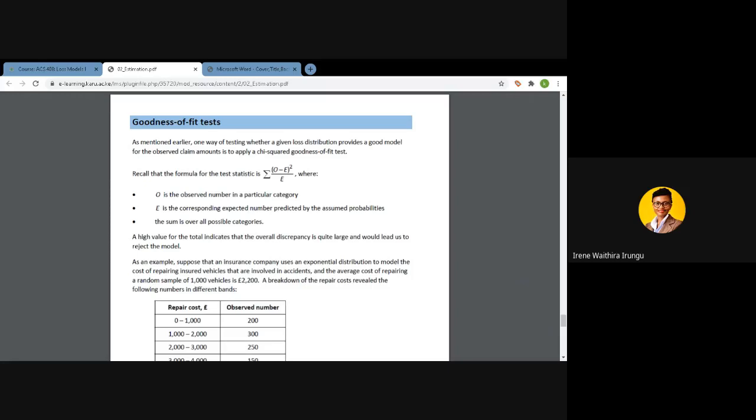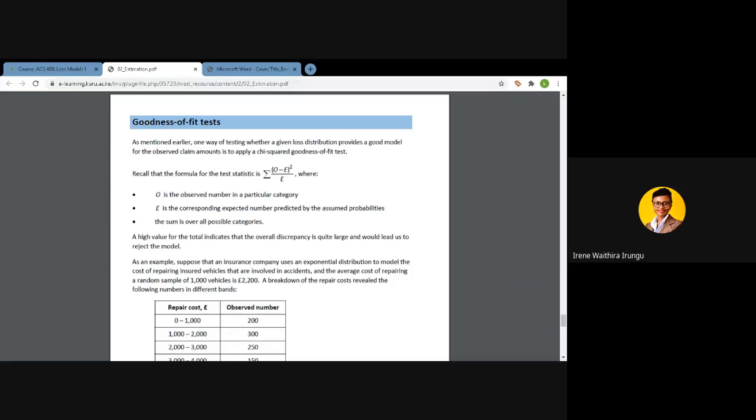So today, for instance, you settle for an exponential distribution to model the average cost of claims for your motor insurance policy. You'll have that to do the estimates, but over time you'll have certain observations.